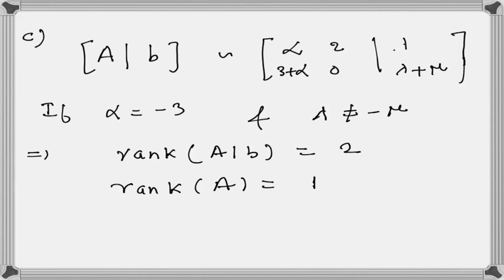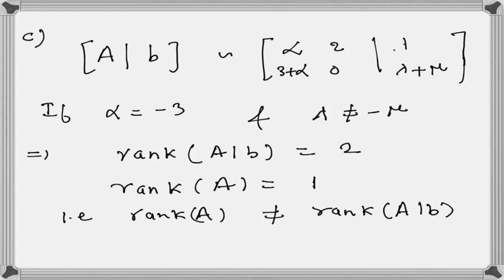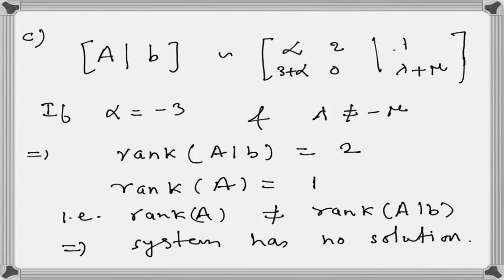So this is the condition of no solution, that is rank of A not equal to rank of A augmented B. This implies that the system has no solution. Okay, so we have derived the condition for all the cases. Let's solve another problem.